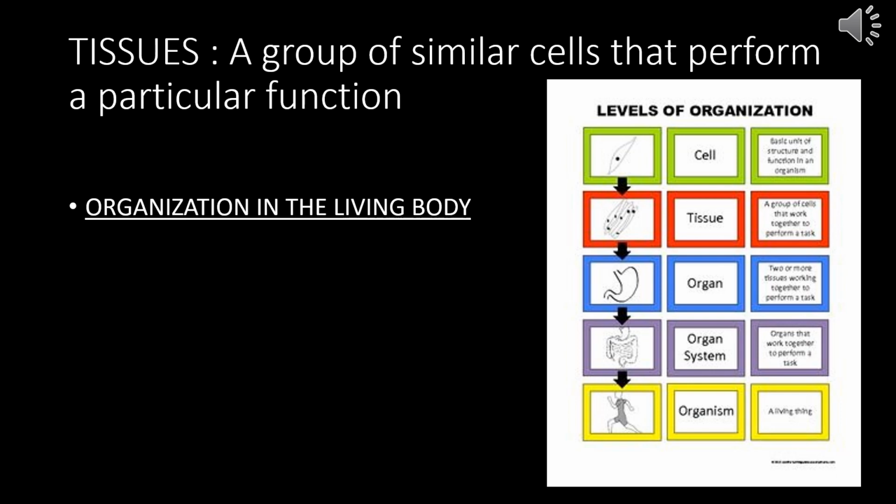The cells unite to form the tissues, and many different types of tissues organize to form an organ, and many organs organize to form the organ systems. Like that, many organ systems work together to form the body of an organism.